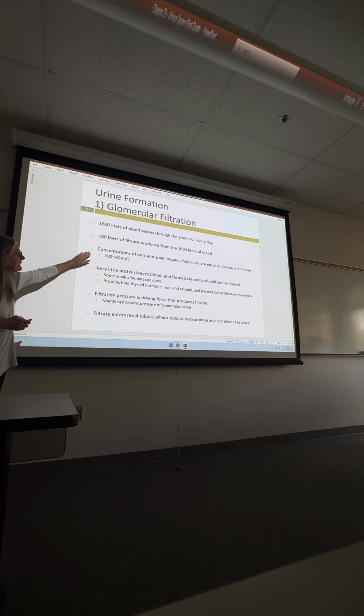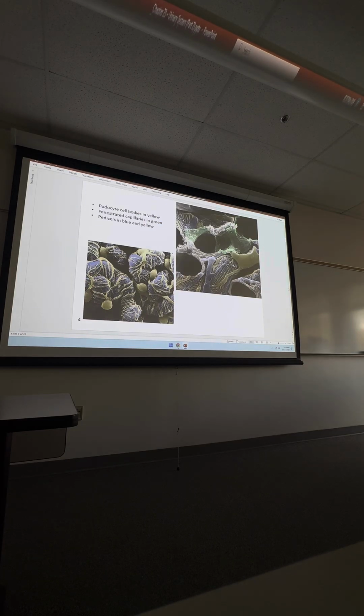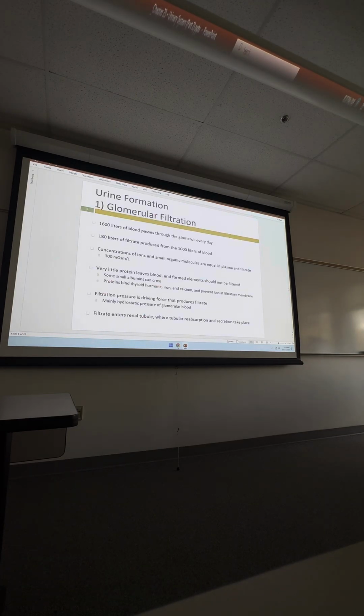We have, interestingly enough, the same milliosmoles, the same pressure on both sides, blood versus filtrate, except that they are different in their composition, as you can imagine. When we have this filtrate, we're taking everything that we can pull out of it via those little holes, those little fenestrations, and then the large things have to stay back.